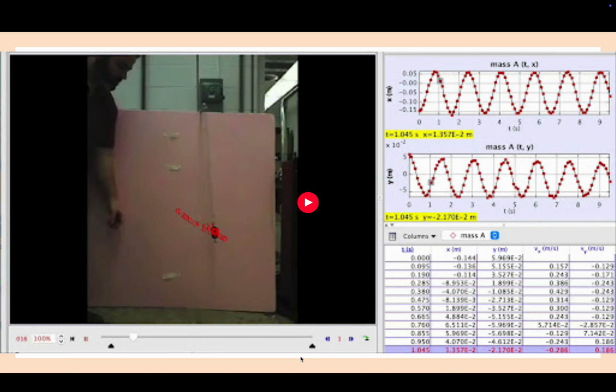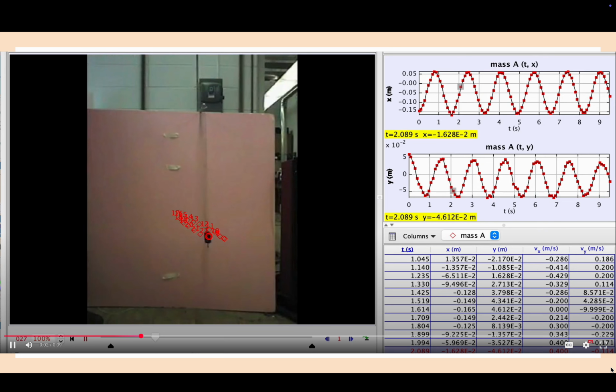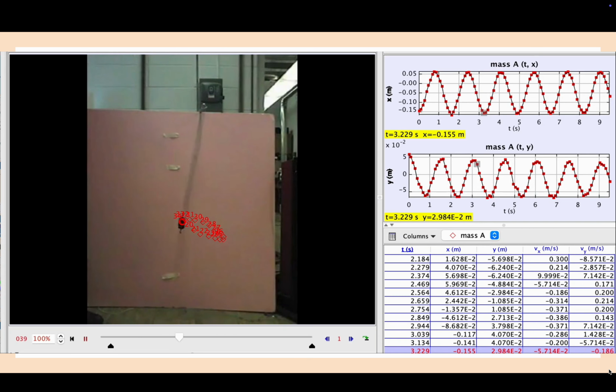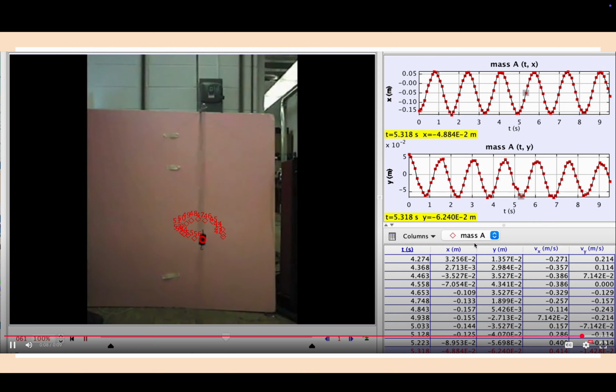Here's a short segment of our tracker data of the mass and spring. If you examine the graphs on the right, you will see how x and y both follow a parabolic motion.